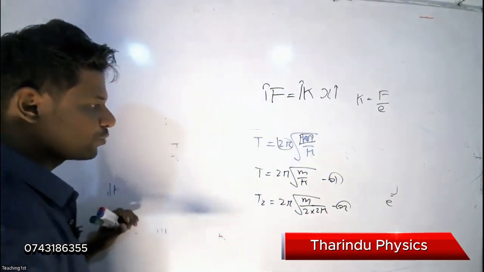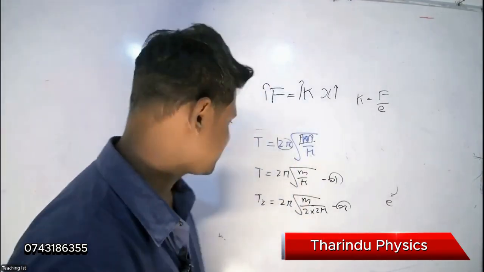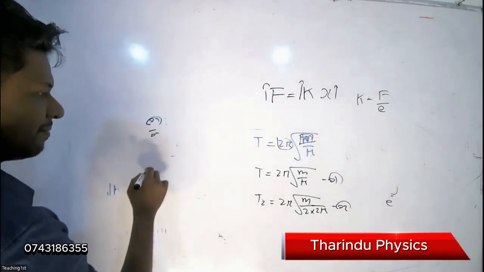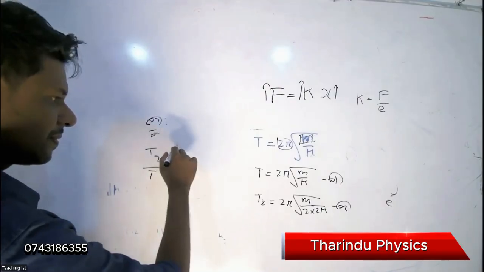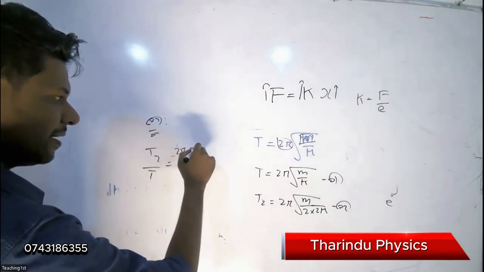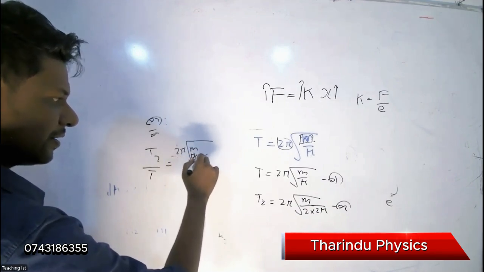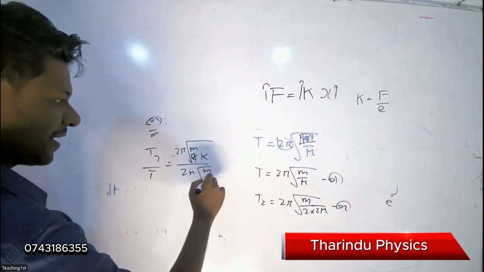You can do it with two methods. In MCQs, actually, your mind should work fast. I will show you the traditional method, equation number 2 divided by equation number 1. T2 over T1 equals 2 pi root m over 4k, 2 times 2 is 4, divided by 2 pi root m over k.